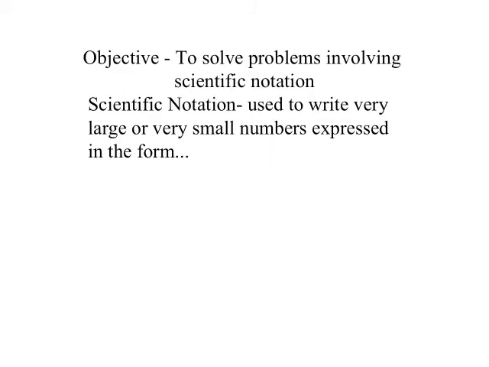Alright, scientific notation is used when we write really small numbers or really big numbers. How we write scientific notation is we multiply a number that is equal to or greater than 1 but less than 10 by a power of 10, so 10 to a certain power.